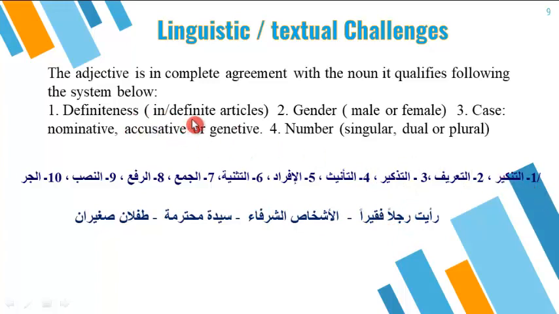So these are just explanations of these systems. التنكير means indefinite article. تعريف, definite article. التذكير, male. التأنيث, female. الإفراد, singular. التثنية, dual. الجمع, plural. الرفع, nominative. النصب, accusative, because it is مفعول به. الجر, genitive or الإضافة.